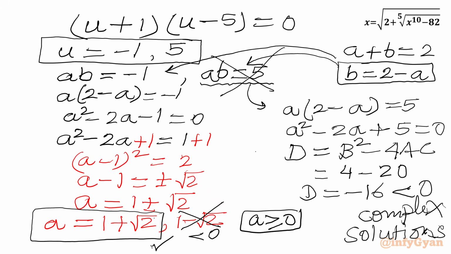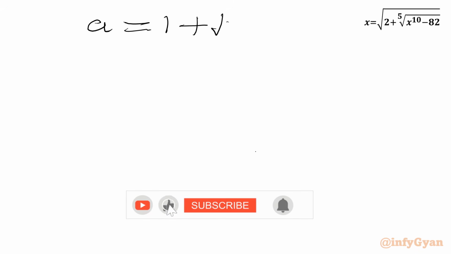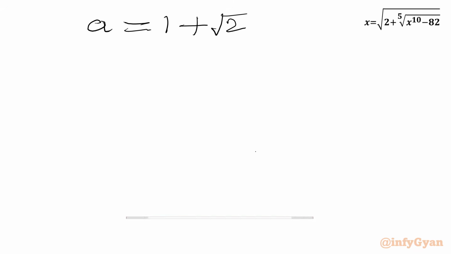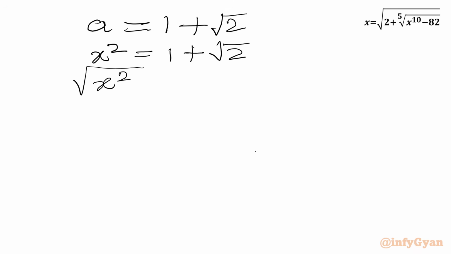We have a equal to 1 plus square root 2. Let me write here a equal to 1 plus square root 2. Now a was our substitution. It was x square equal to a. So in place of a, we will write x square equal to 1 plus square root 2. Now we have to take the square root of both sides. So we will write a plus minus sign on the right hand side.